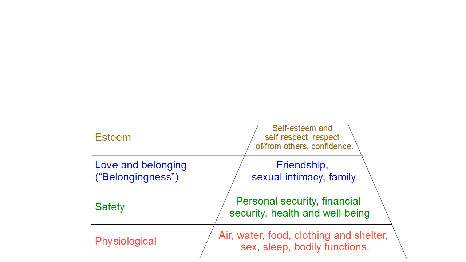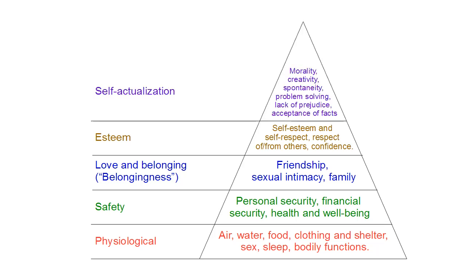And this covers things like self-esteem, self-respect, respect from others, and confidence. And these are the things that will actually alter your mindset, really, to make you feel good, to make you appear good to others. And these are things that everybody needs to make themselves more mentally happy.